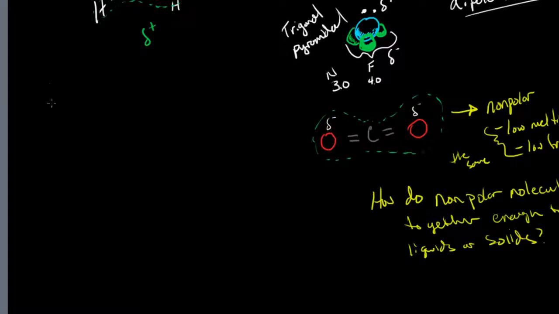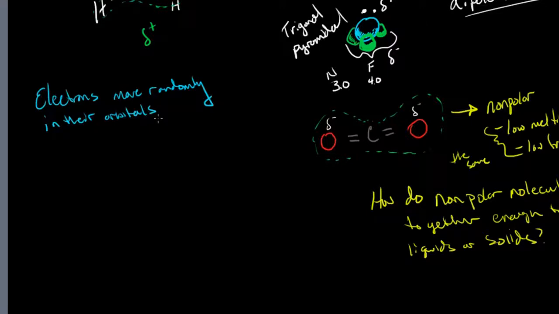Something we know about electrons. Electrons move randomly in their orbitals. Remember the shapes of the electron orbitals that we drew are regions of space where we would find the electron 90% of the time.